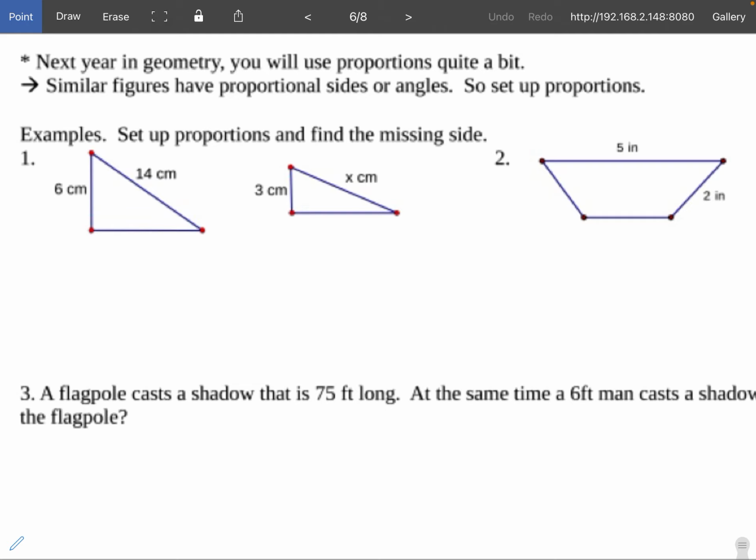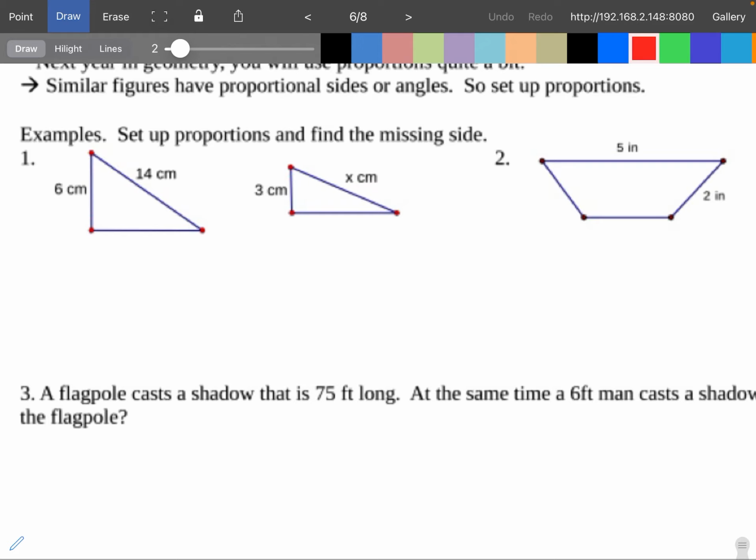It says in geometry, we are going to deal with similar figures. All right? So similar figures. The symbol for similar is this. If you see that symbol, it means the 2 figures are similar.